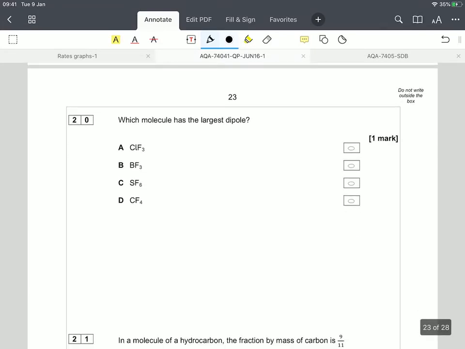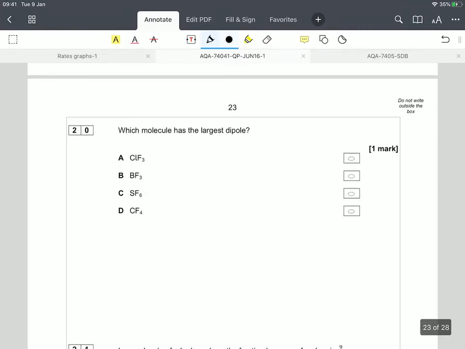Okay, which molecule has the largest dipole? Let's draw him. I'm not going to arrive at using the method that we did earlier, but if you do, you've got 2 lone pairs to do with the fact that chlorine's in group 7 basically, right?